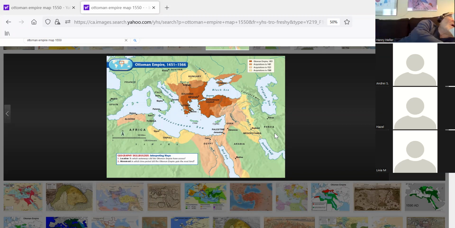So there was the Persian Empire, which is another Islamic state, and we can't see this on the screen, but India too was governed by a Muslim elite at this time. The Hindu population was subordinated to a Muslim elite known as the Mughals.